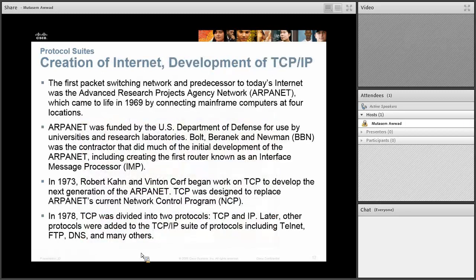All right. TCP/IP was designed from the late 1960s to the early 1970s, when the U.S. Department of Defense wanted to have the Advanced Research Projects Agency network. They wanted everyone to be able to communicate with each other regardless of what platform they had.